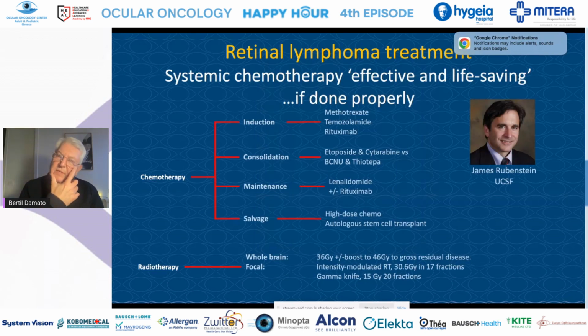However, when I was in San Francisco between 2013 and 2018, in a clinic near mine, there was James Rubenstein, who specialized in CNS lymphoma. And so he sent me a few patients, and I sent them back to him for systemic treatment for the vitreoretinal lymphoma. And I was very impressed by the results that he achieved with our VR lymphoma patients.